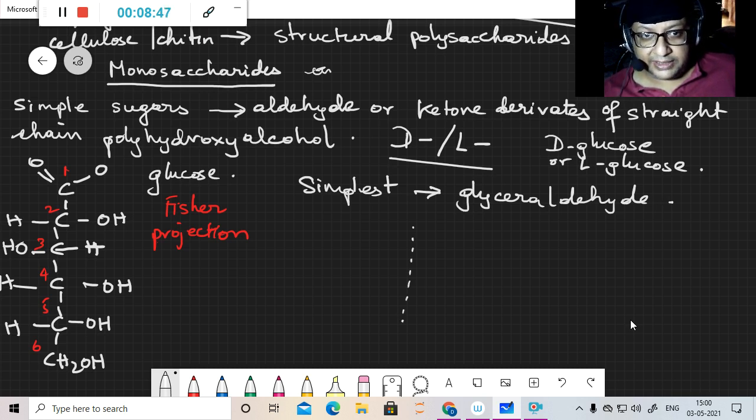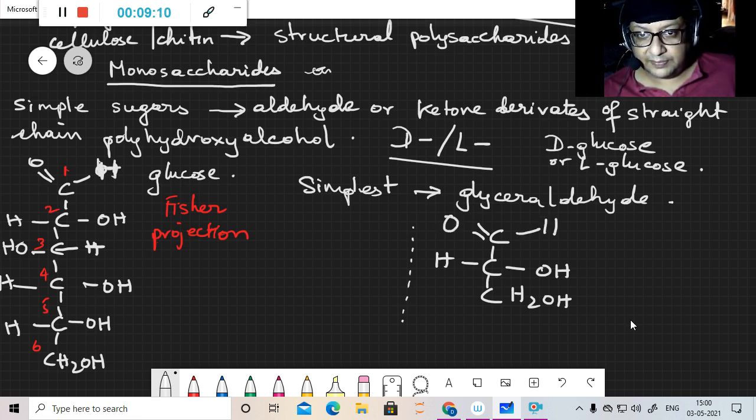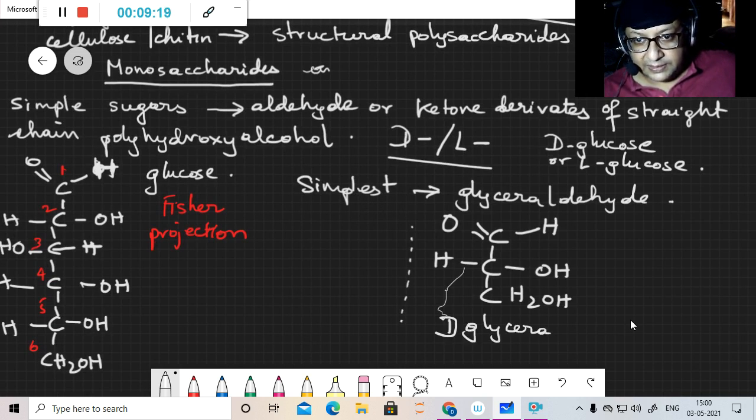Now if you look at a glyceraldehyde molecule, you have 3 carbon, this is CH2OH, and let me make this correction over here. So this is known as D-glyceraldehyde.